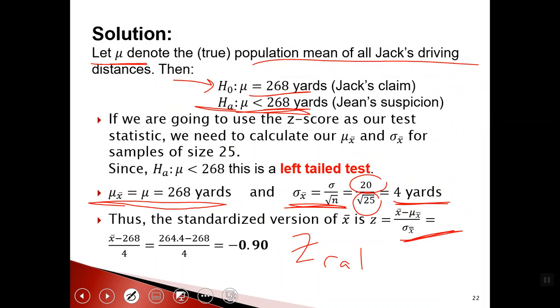When you calculate x bar, it comes to 264.4. Mu x bar is 268, divided by sigma x bar, which is 4. When you calculate, you get this z-cal value, negative 0.9.